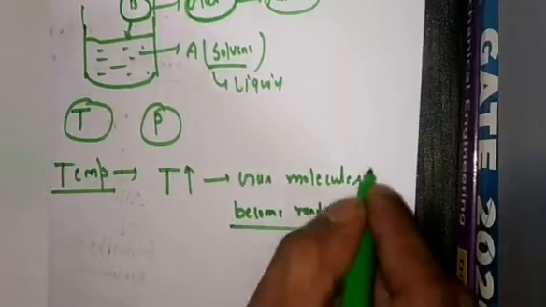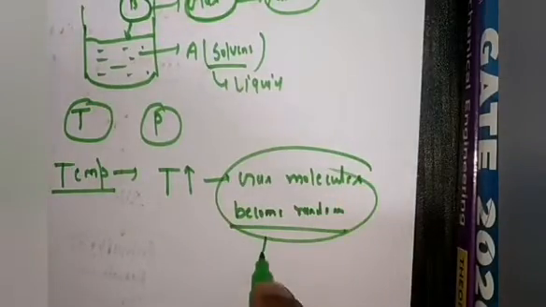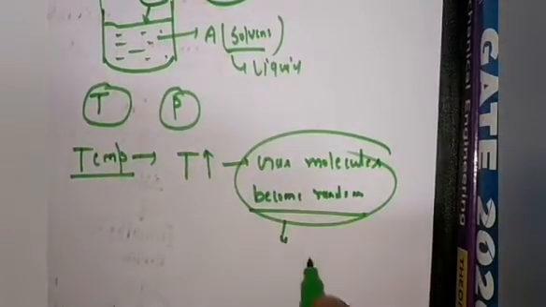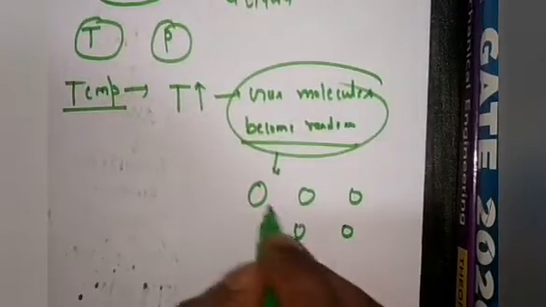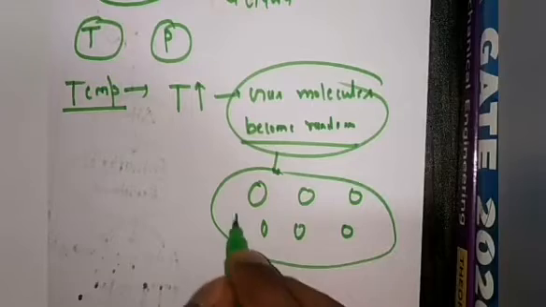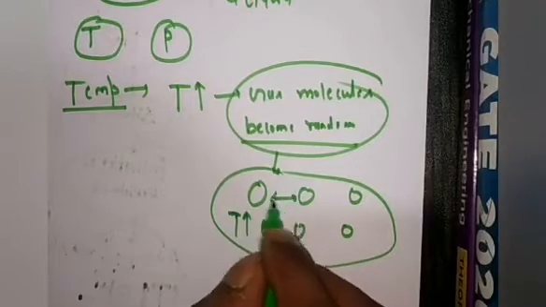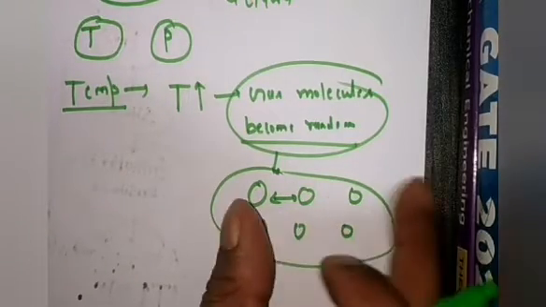Already they are random in nature, because the intermolecular attraction between gas molecules is very low and the intermolecular space is very high. If you increase the temperature, the intermolecular spaces between the gas molecules will increase again.